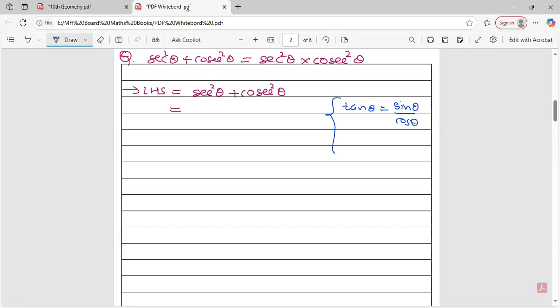Whenever you are not getting anything, write sec theta as 1 upon cos theta, cosec theta as 1 upon sin theta, like that. So here there is sec square theta, so it will be 1 upon cos square theta, and like that 1 upon sin square theta.